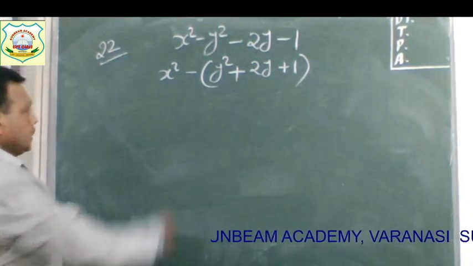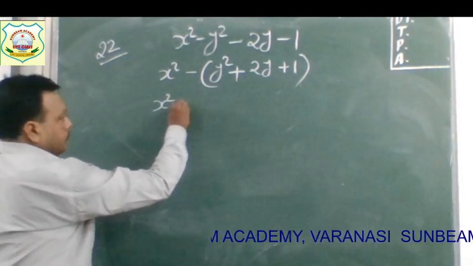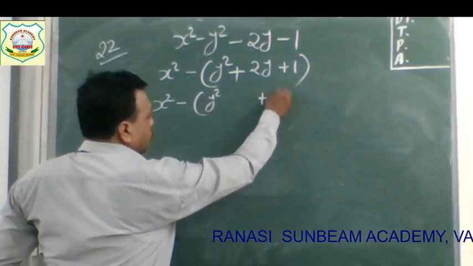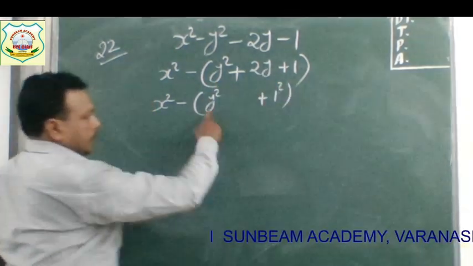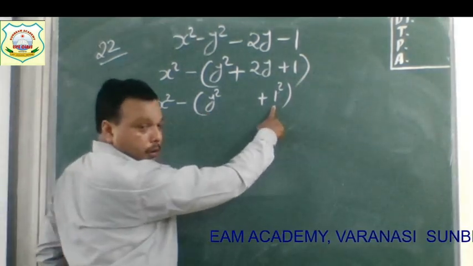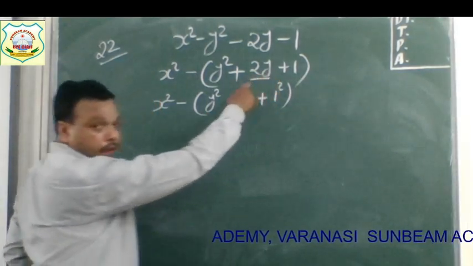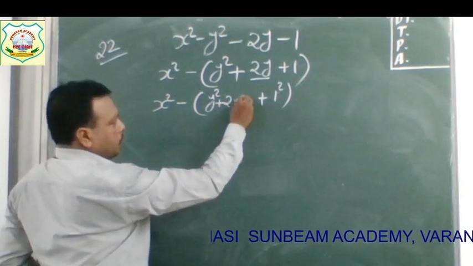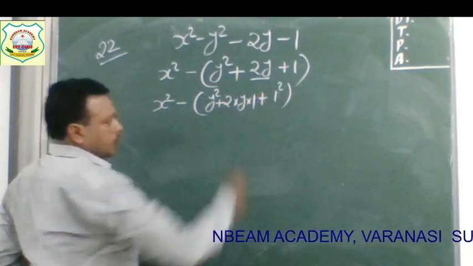We can see x square is given, minus y square plus 1 square, a square plus b square. So what will be 2ab? 2 multiply a, that is y, b just like a 1.